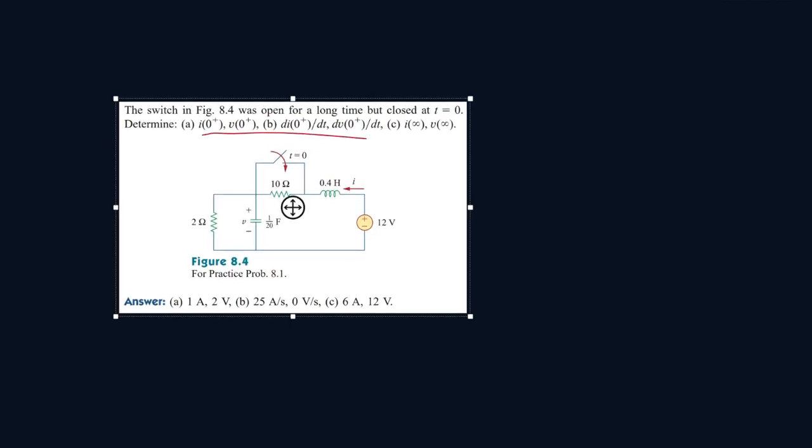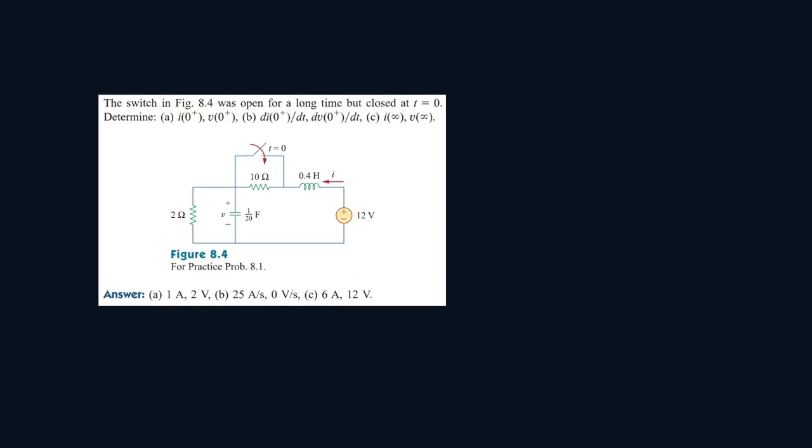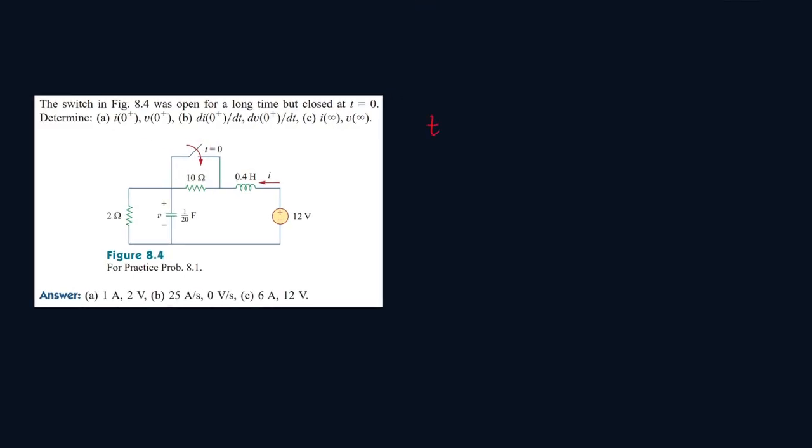Okay, so for the following circuit here, we have to find all of the following. We're told that this switch is closed when t is equal to 0. So let's draw the circuit when t was less than 0.